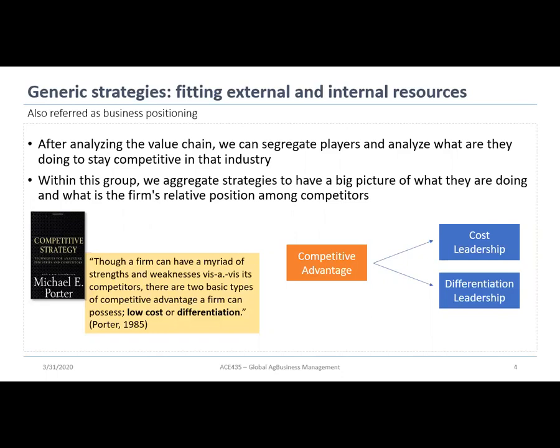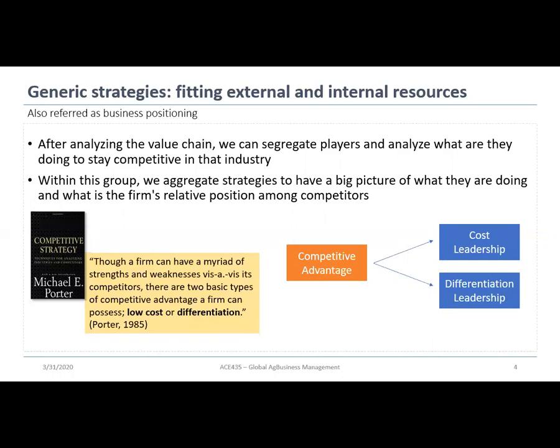I'm quoting him on this framework: "Though a firm can have a myriad of strengths and weaknesses vis-a-vis its competitors, there are two basic types of competitive advantage a firm can possess: low cost or differentiation." We are going to talk about that and try to highlight a couple of things, especially within agriculture. So keep that in mind.